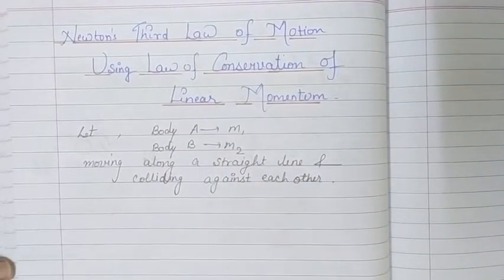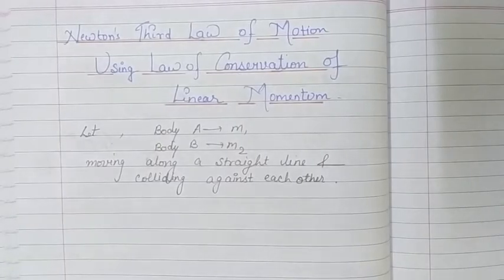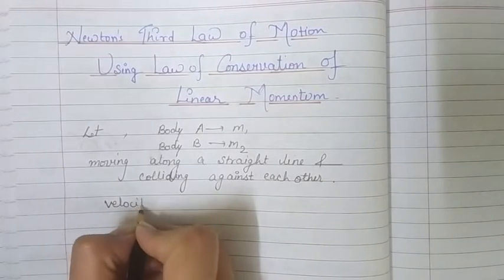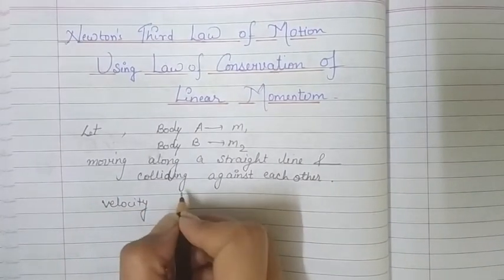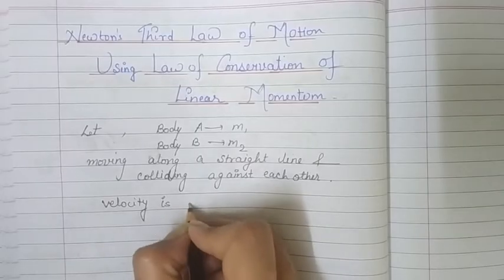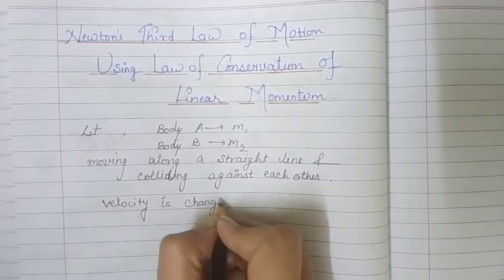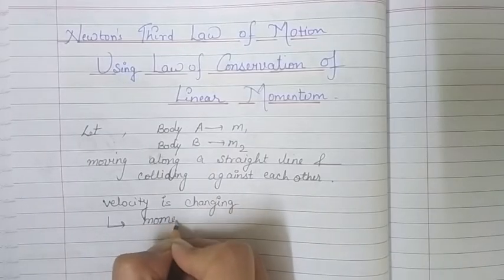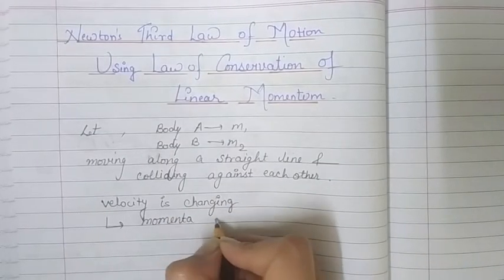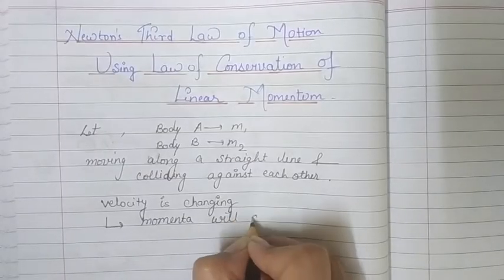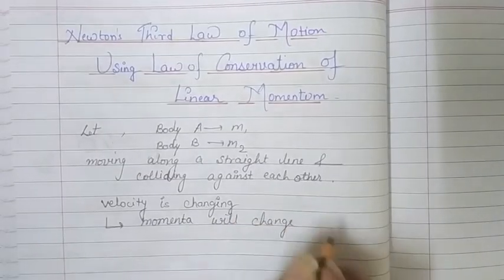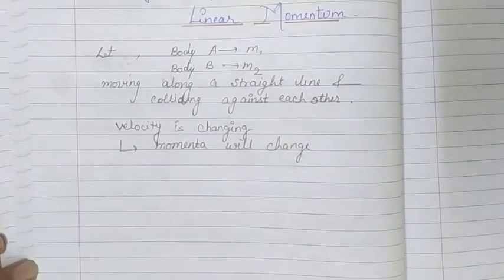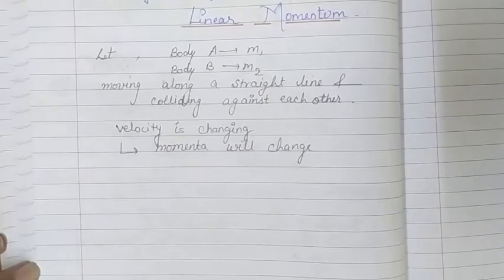Since bodies A and B are colliding, their velocities are changing, and if velocity changes, their momentum will also change. Because of the collision, velocity is changing, and the momenta will change for both objects. Let the individual changes in momentum be delta p1 and delta p2.